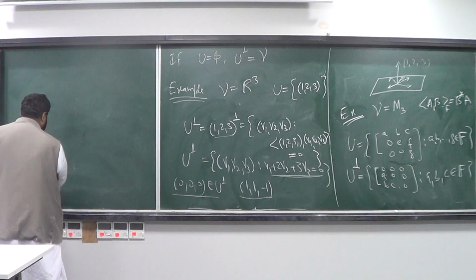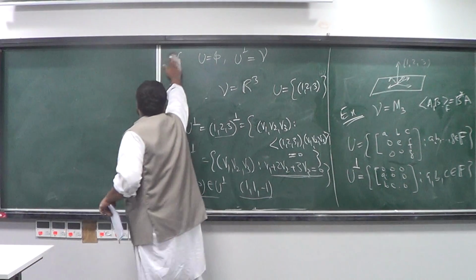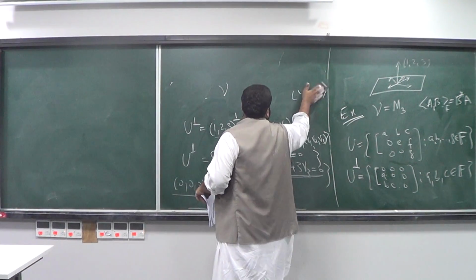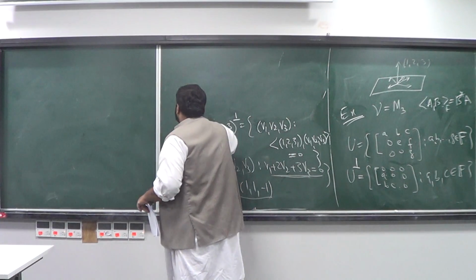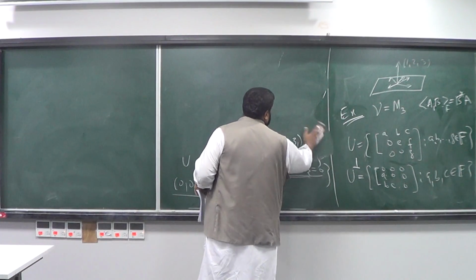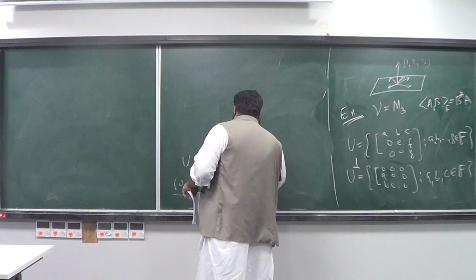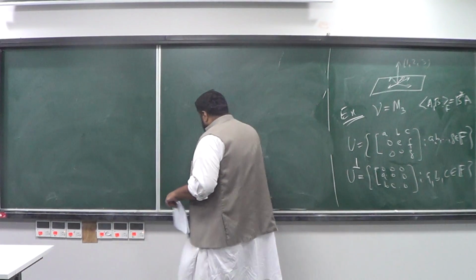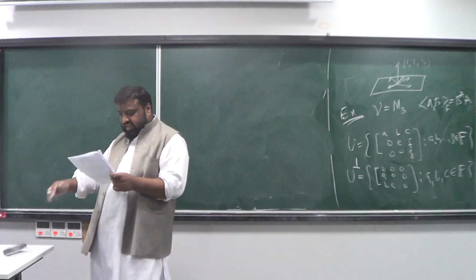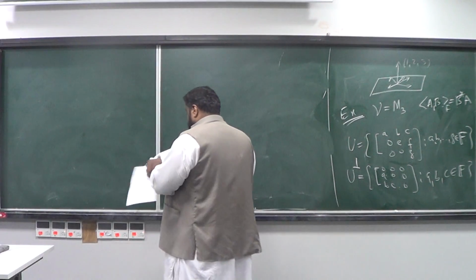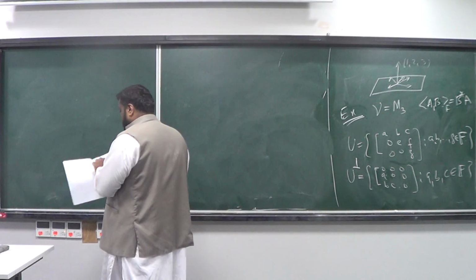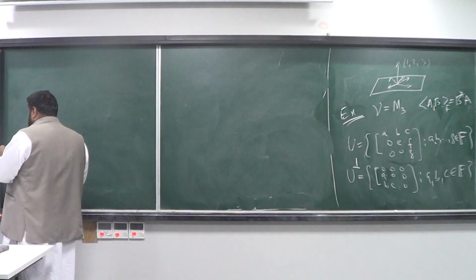Now let me prove a very interesting theorem which reveals many different properties of the orthogonal complements. And we will also solve a practical problem using orthogonal complements. Let me state the theorem and then prove it. So the theorem goes like this.